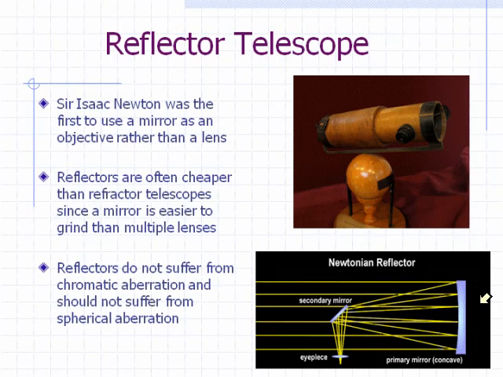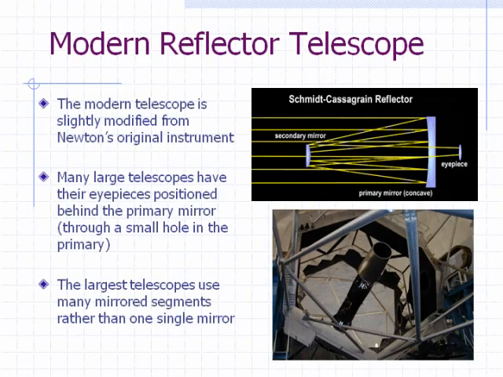So a reflector telescope takes much, much less work to produce a mirror of equal size to a lens, and therefore generally reflector telescopes are more efficient cost-wise. The modern reflector telescope still uses the invention that Newton gave us.